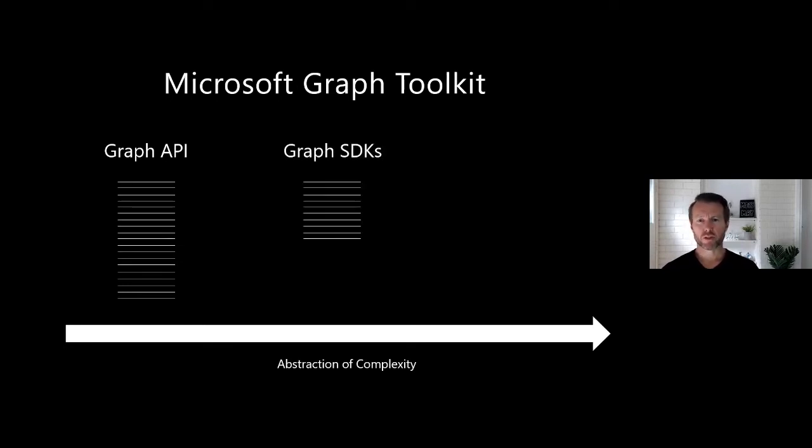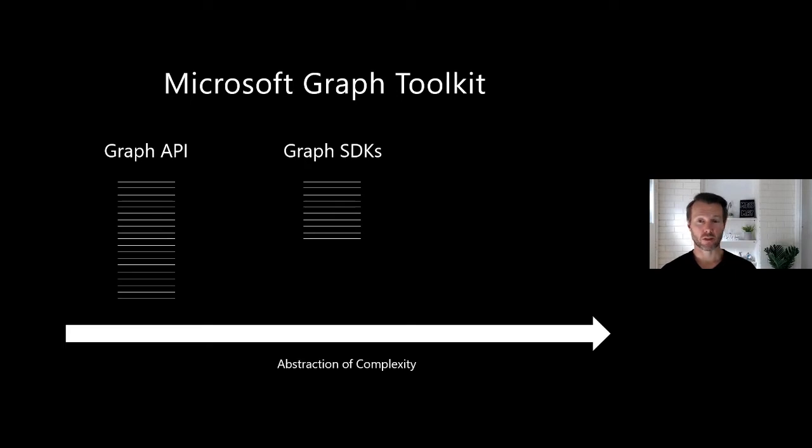For some of those reasons, the Graph team has made available Graph SDKs. These SDKs are language specific. So you have a particular Graph SDK for C#, another one for Java, one for JavaScript, and a few other languages that are supported as well. They're designed to take care of those generic plumbing tasks when you're making calls to the Graph API.